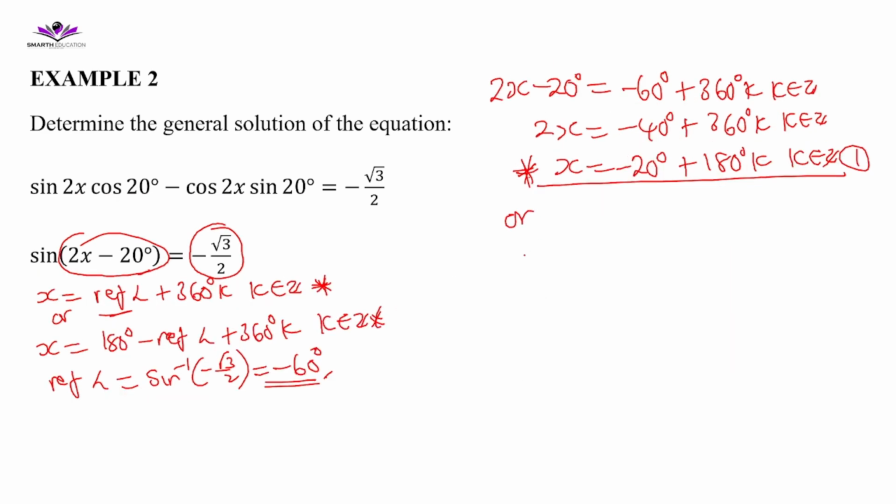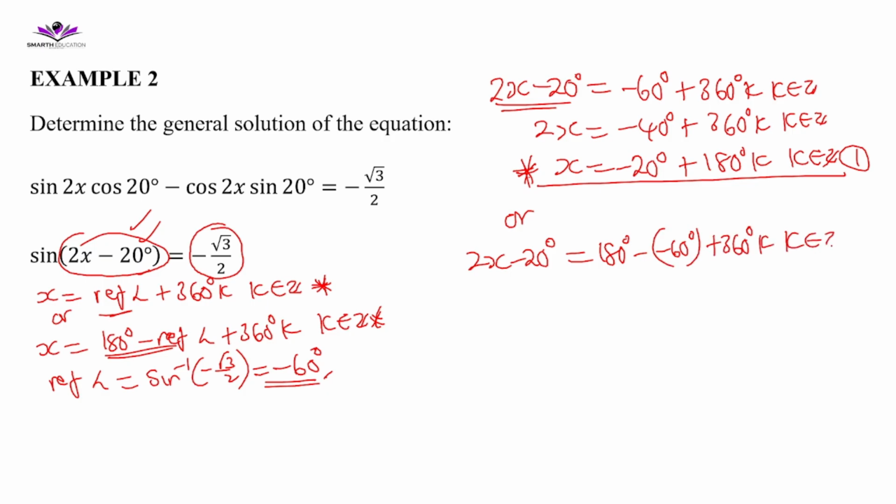Our angle, 2x minus 20 degrees, is equal to 180 minus the reference angle. So 180 degrees minus negative 60 degrees, plus 360 degrees times k, where k is an integer. This is like 180 degrees plus 60 degrees, so it's 240 degrees.